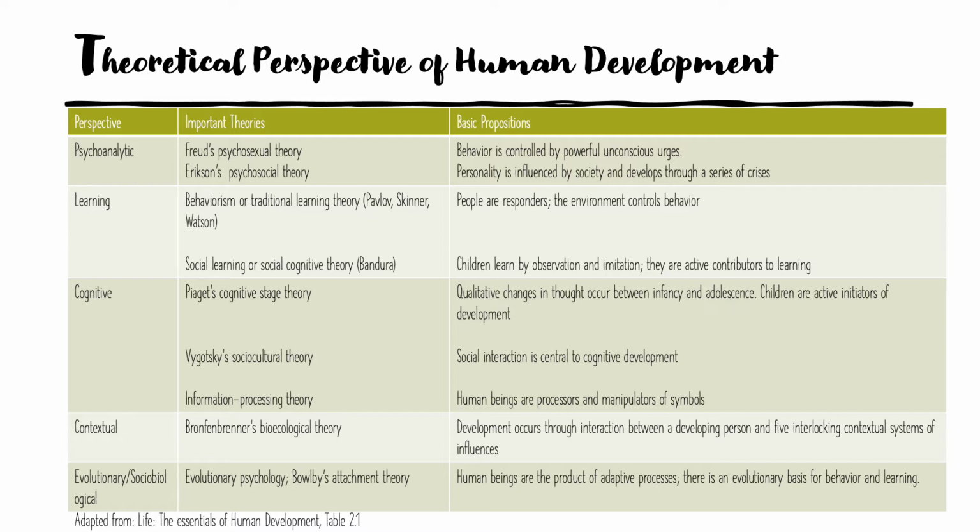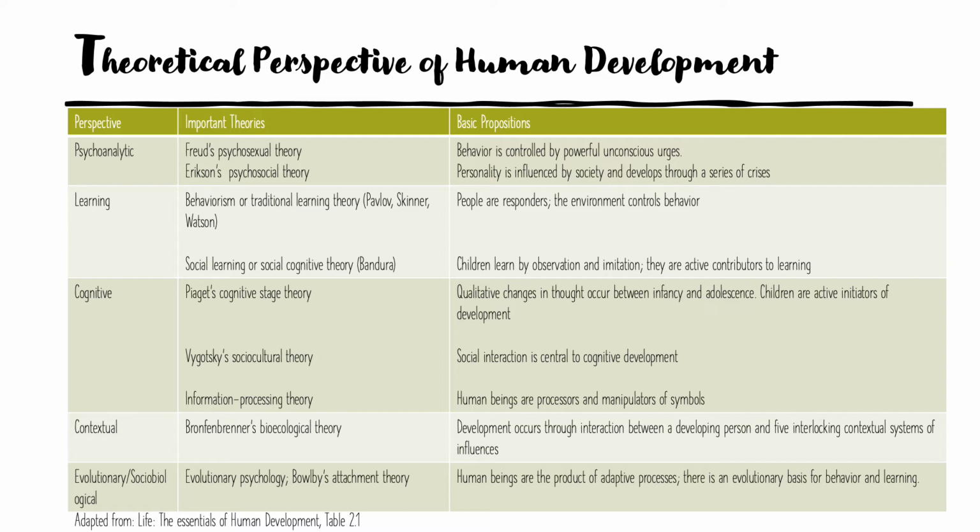In the cognitive theory, we have Piaget, Vygotsky, and then information processing theory. Piaget's cognitive theory we will also cover a lot throughout the semester. It is that qualitative changes in thought occur between infancy and adolescence.